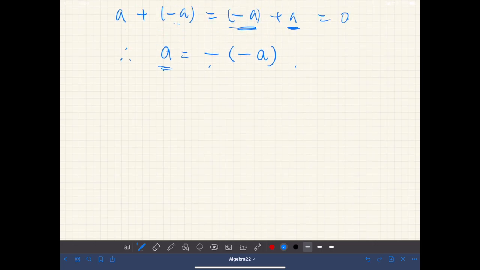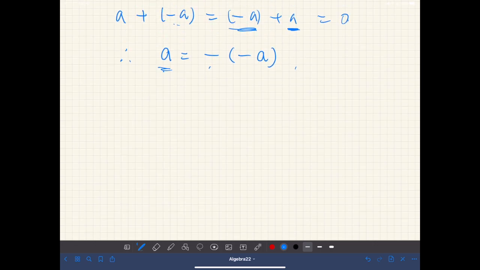And also by convention, if we have two elements a and b, and for each of these we have negative a and negative b, so they're additive inverses. If we add a and the additive inverse of b, then by convention we write this as a minus b. So we don't have to define subtraction per se.